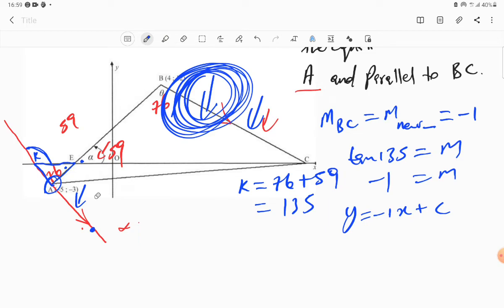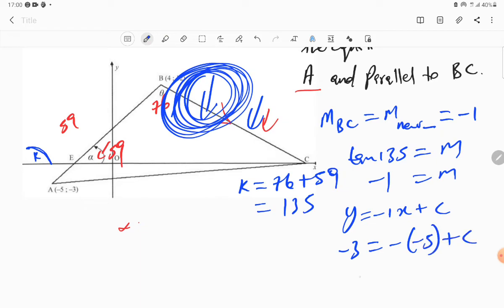So the coordinates of A: in the place of y we put -3, which is equal to negative, in the place of x we put -5, plus c. Then c is going to be equal to, this is positive, -3 minus 5, so c is equal to -8.